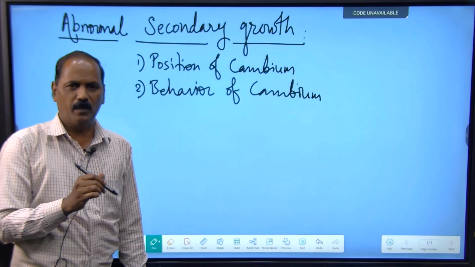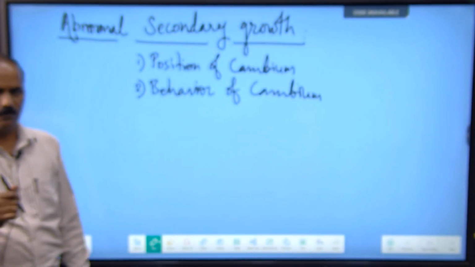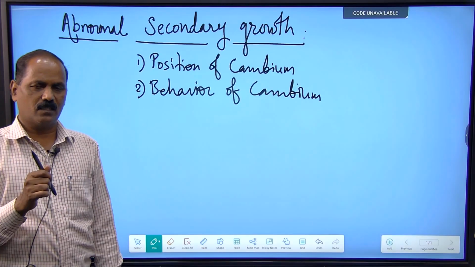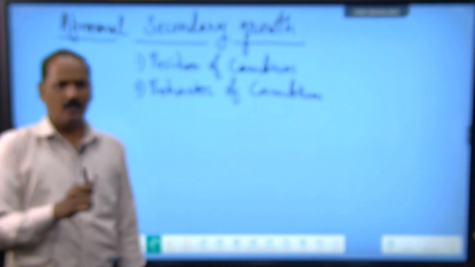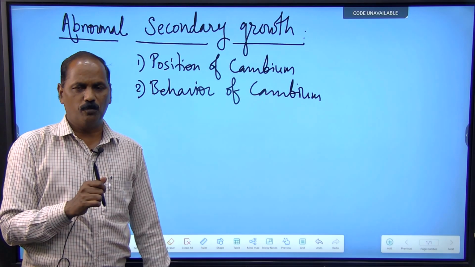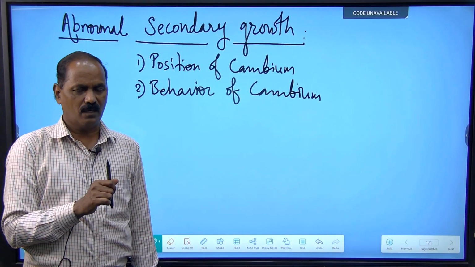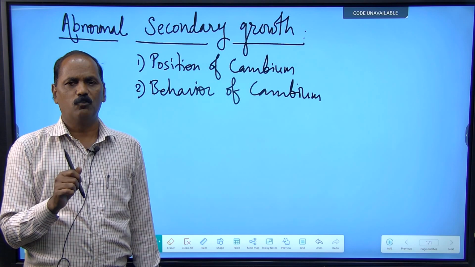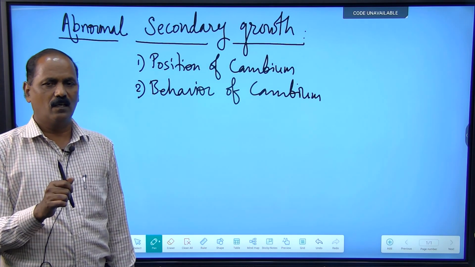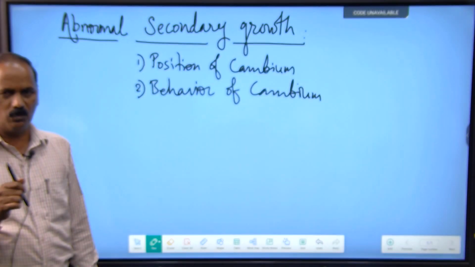Now, where is the position of cambium? It should be in between primary xylem and primary phloem. That is normal. And how should the behavior be? It must produce maximum xylem and minimum phloem. If such is the manner of development, we call it normal secondary growth.